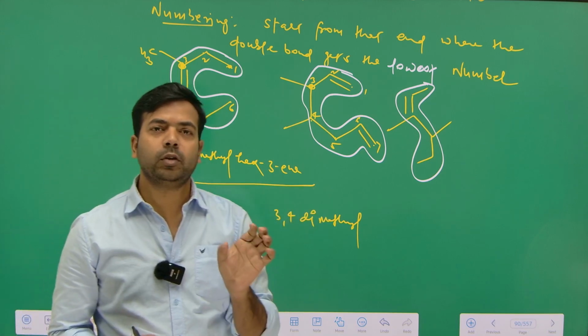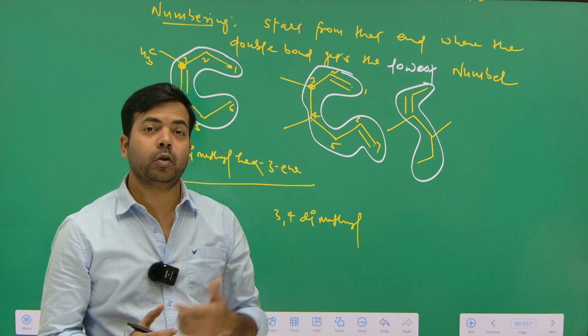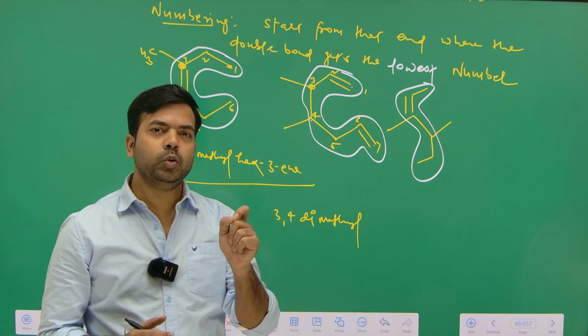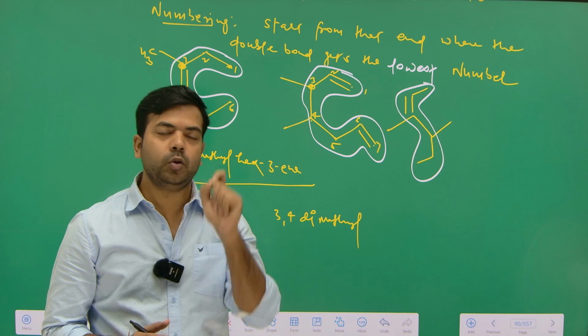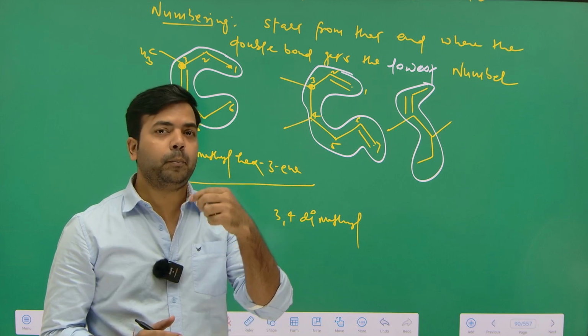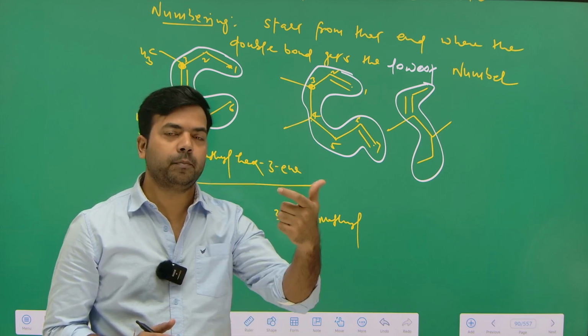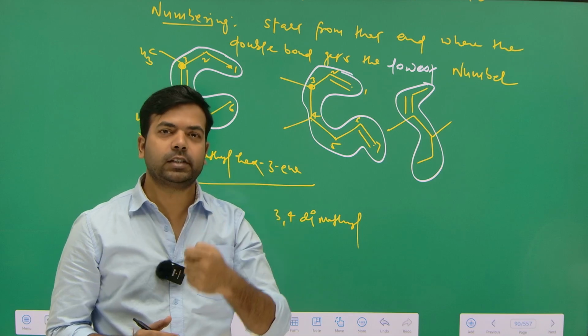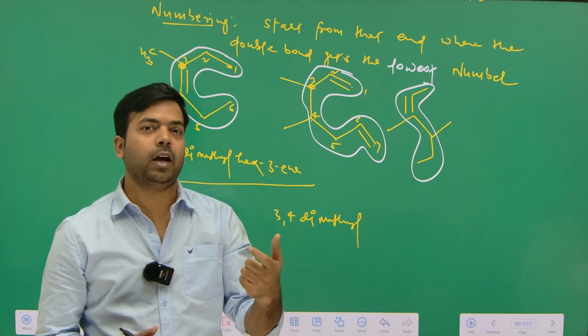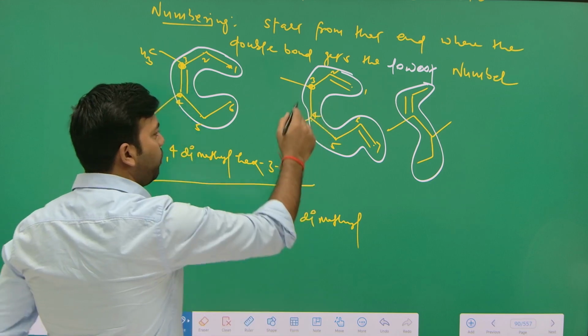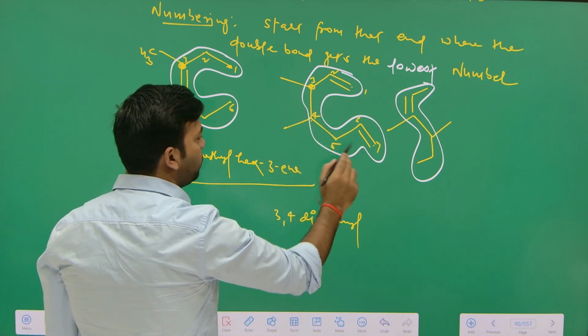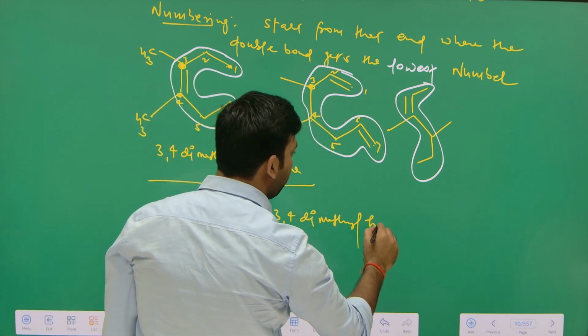Whenever we have more than one double bond in a parent chain, then you have to use a suffix A, the alphabet A, in the word root. Suppose we have pent, then we will use penta, but, buta, hex, hexa, hept, hepta, whenever we have more than one double bond. So you can see we have more than one double bond here. So hept is my word root. So we can say hepta.